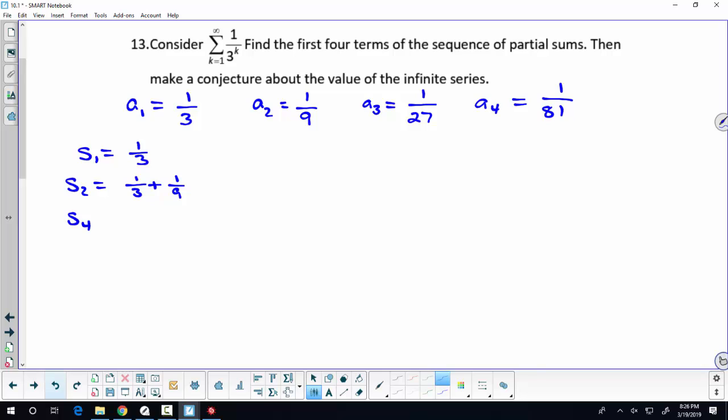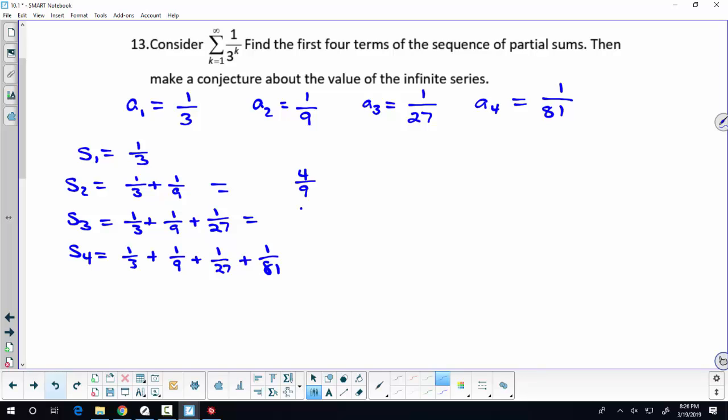Third partial sum: a third plus a ninth plus a 27th. And then the 4th: a third plus a ninth plus a 27th plus a 81st. That is 1 third, 4 ninths, 13 27ths, and 40 over 81.